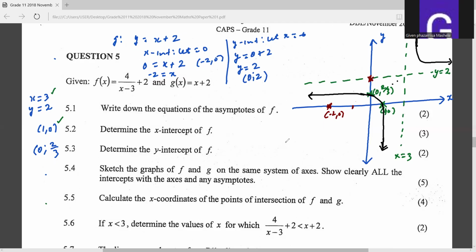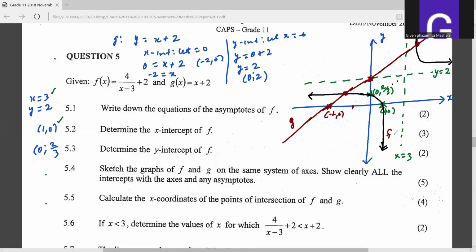So the graph will go through here, like this. You can see that it is intersecting at this point and also at that point. So this is our G, and this is the F.